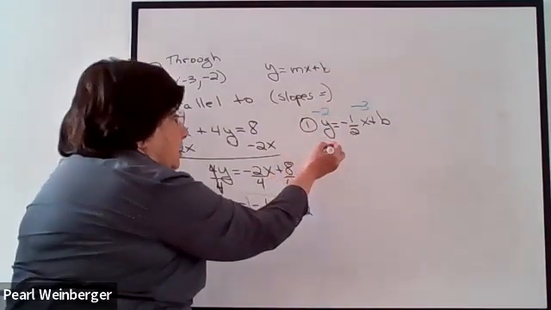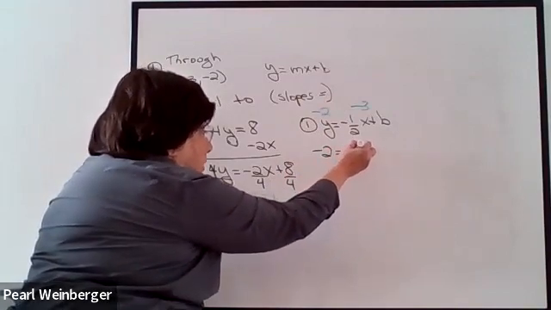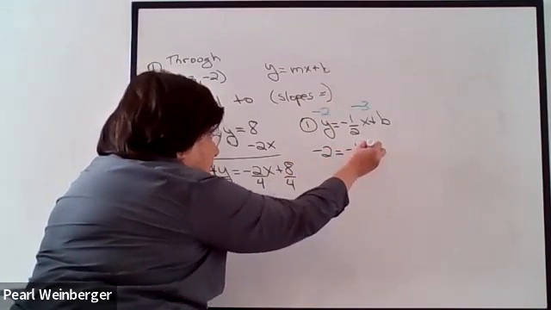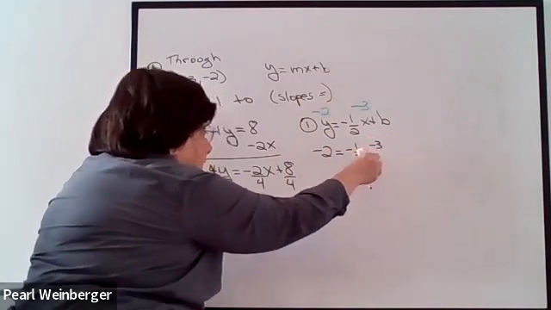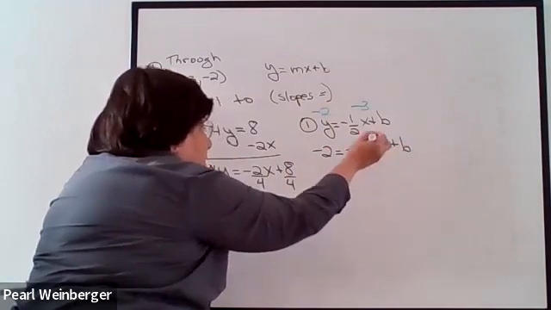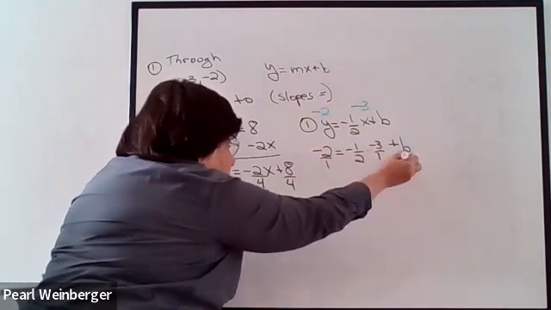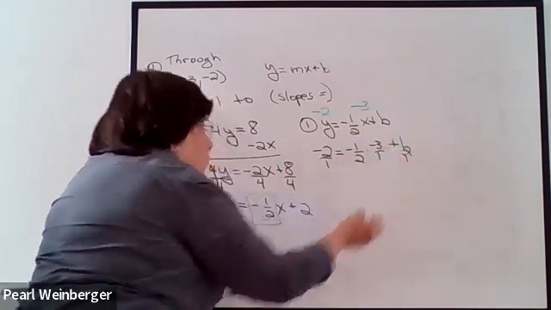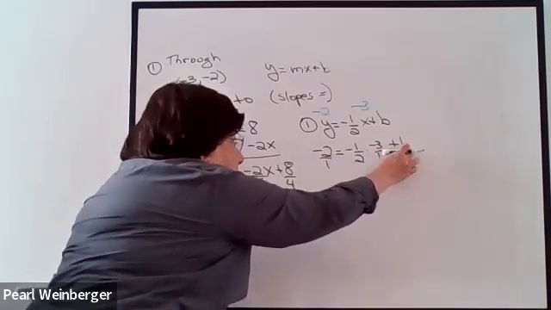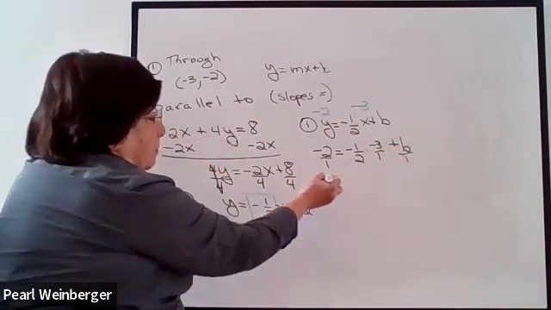So this will give me -2 equals -1/2 times -3, because my x is -3, plus b. Now remember, we're going to put these over 1 so that we can see what's the numerator and what's the denominator, what's on top, what's on bottom.